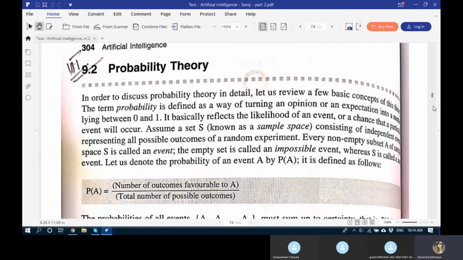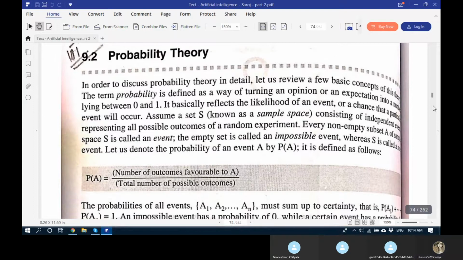Let us begin the concept of probability theory. Before delving deeper into what it is, we need to know its definition and its axioms. So here the term probability is defined as a way of turning an opinion or an expectation into a number lying between 0 and 1. As you know, probability value lies between 0 and 1.